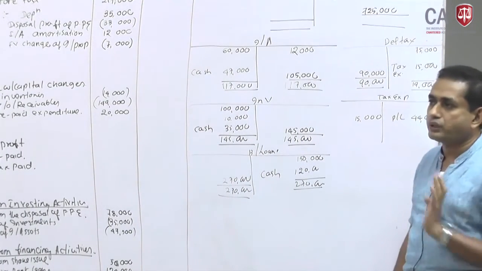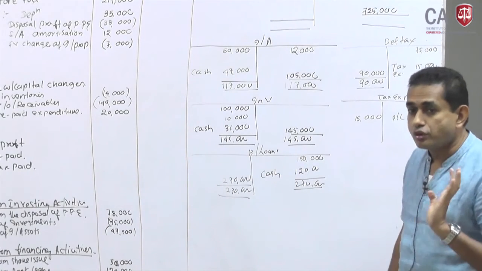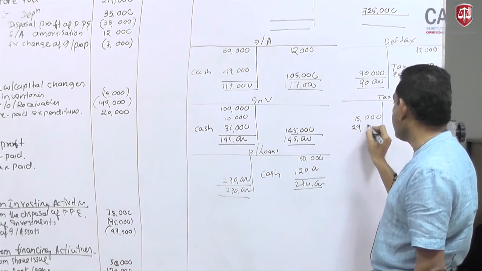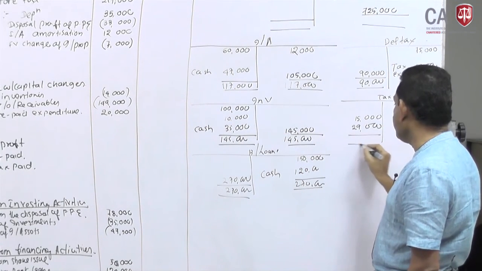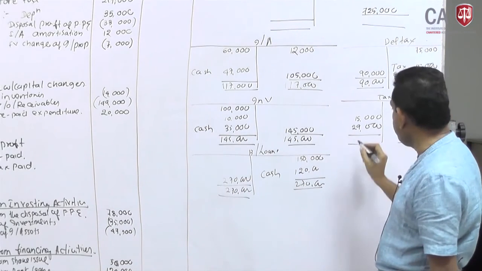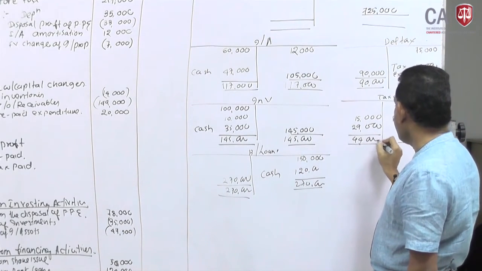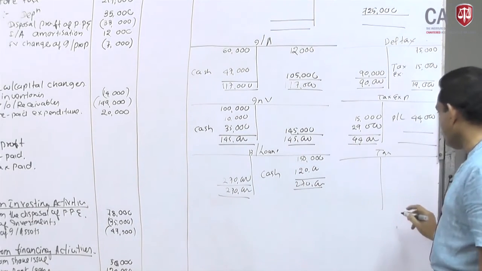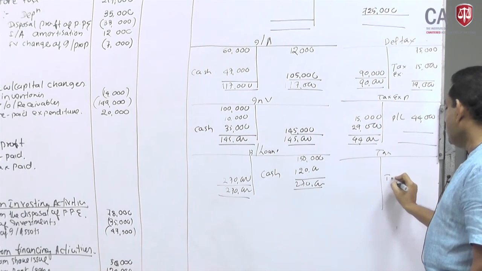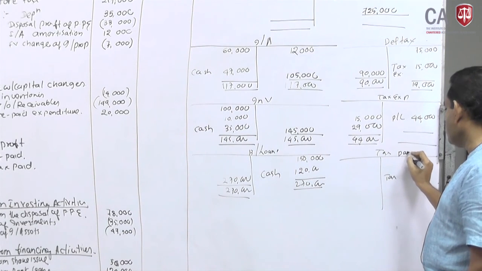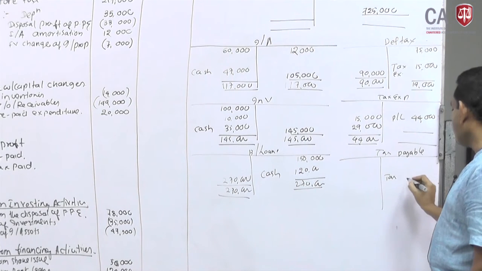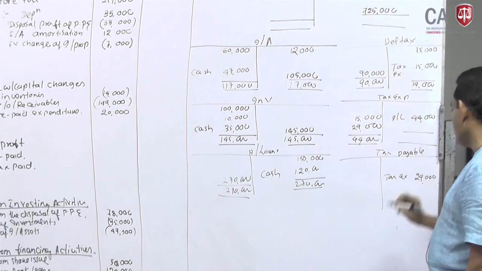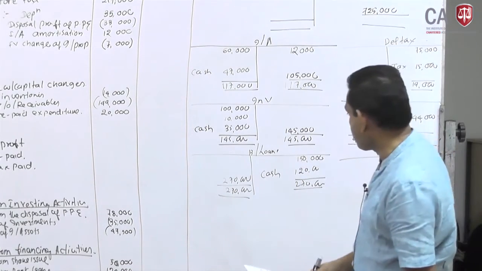Out of 44,000 tax expenditure, 15 should be deferred tax, and the balance would be current tax, and the current tax figure then should be 29,000. That you will credit to tax payable account. Leave some space for the opening and closing balances. Debit tax expenditure by 29,000, credit tax payable by 29,000. Right.